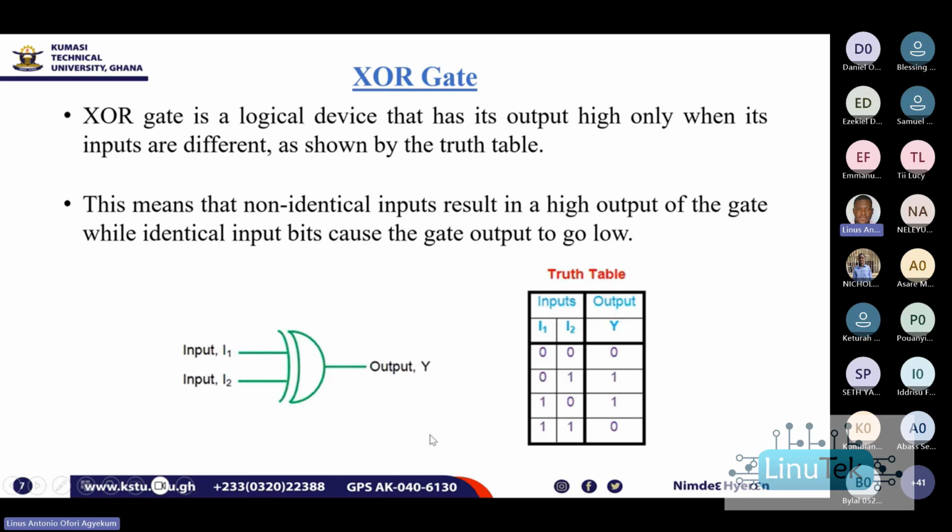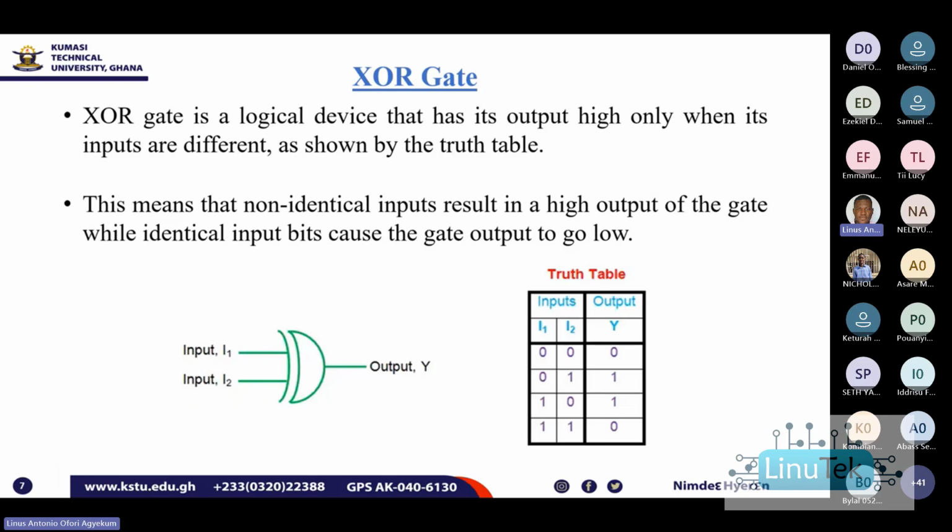Then we have the XOR gate. Now, the XOR gate, which is also a 2-input, 1-output device, produces 1 as an output only when the inputs are different, or non-identical, they are not the same.